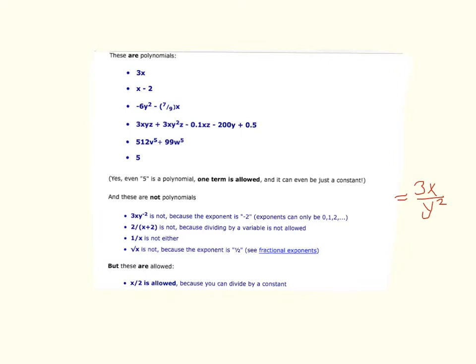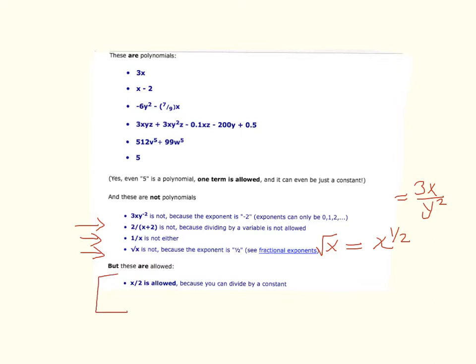In the next example, we have division by a variable, as is. The same with the third example. In the fourth example, we have the square root of x, which as an exponent becomes x to the 1/2, and fractional exponents are not allowed. We will also get to that later.